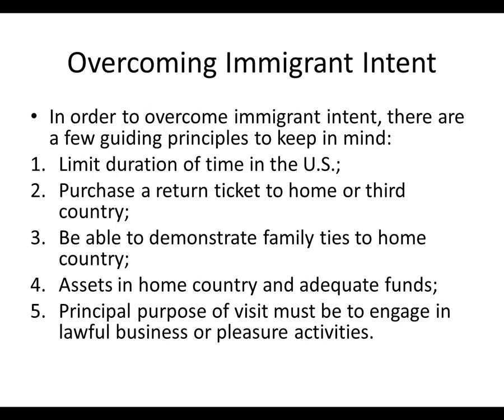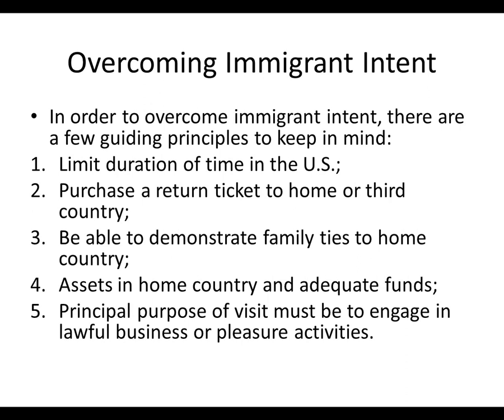If you purchase a return ticket home and you travel with that return ticket home and you present that to the CBP admission officer, that's also going to be favorable for overcoming immigrant intent. If you can demonstrate family ties to a home country, that's also going to help you overcome immigrant intent. And family ties are weighted differently according to which family members are in the home country.